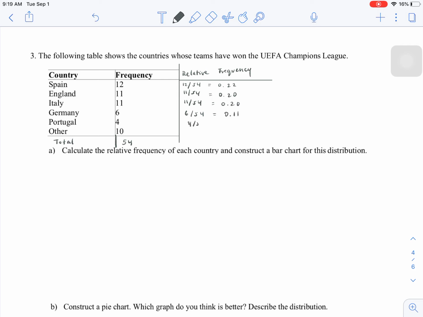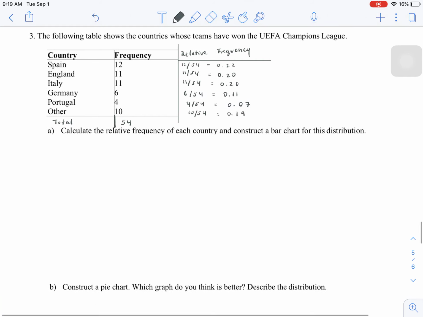Portugal, 0.07. And the other countries, 10 over 54, which I can round to 0.19. So now I have the relative frequencies. This tells me that Spain won this tournament 22% of the time, whereas Portugal won it only about 7% of the time.